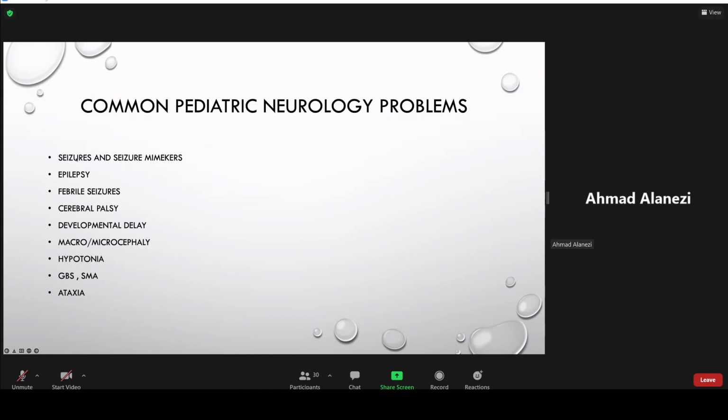So seizures. What is a seizure, guys? Involuntary movements. Abnormal electrical activity in the brain, which gives rise to signs or symptoms.